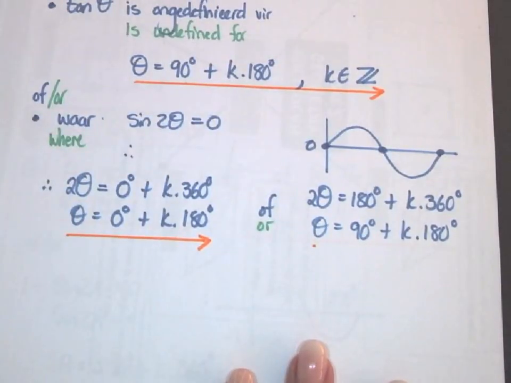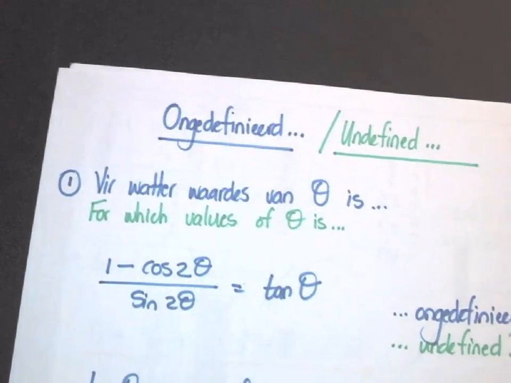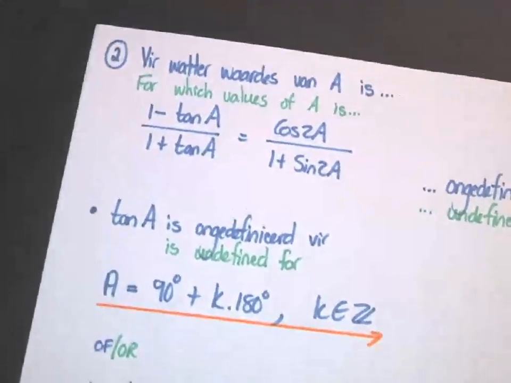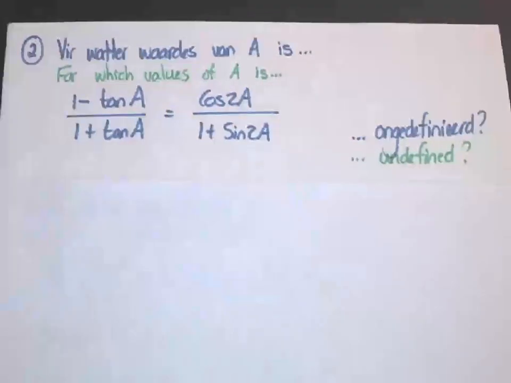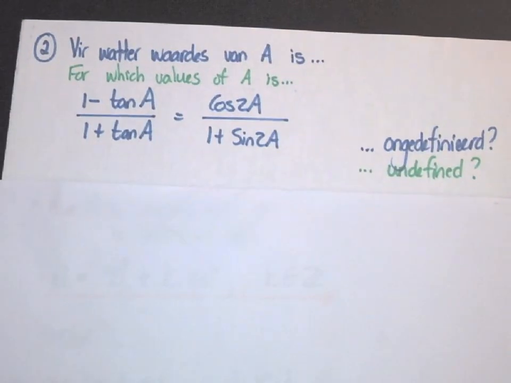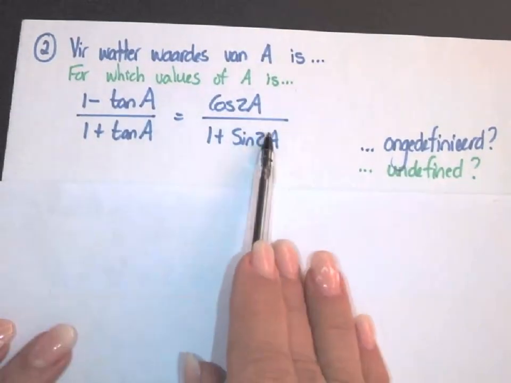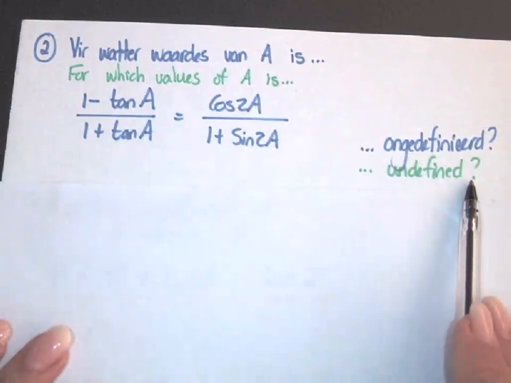Okay. Any questions here? The last example. For which values of a is this sum undefined? Do you see a tan anywhere? Yes.